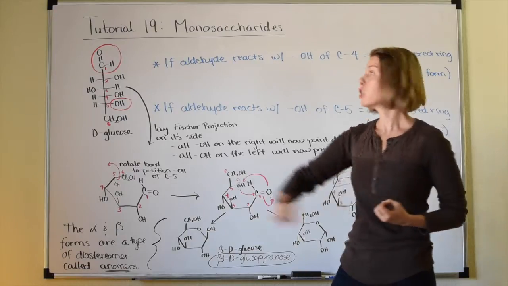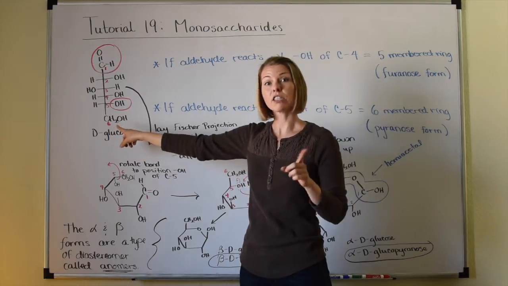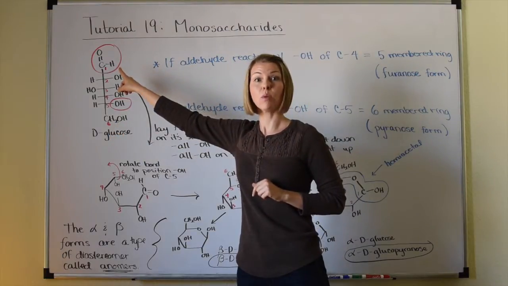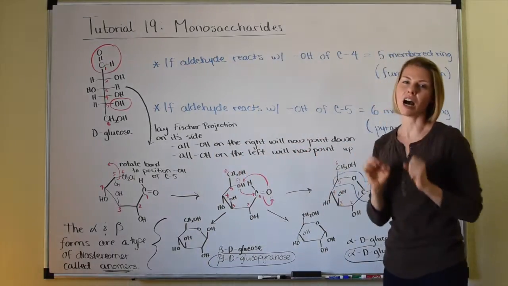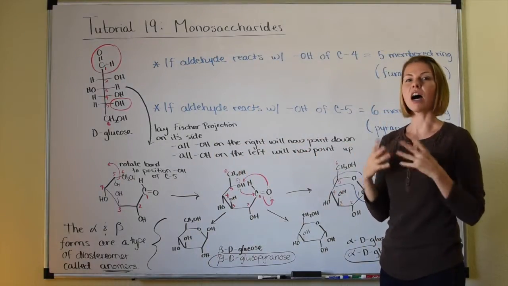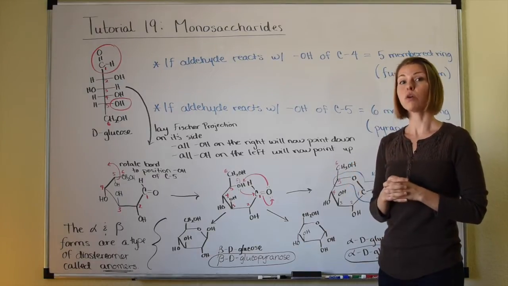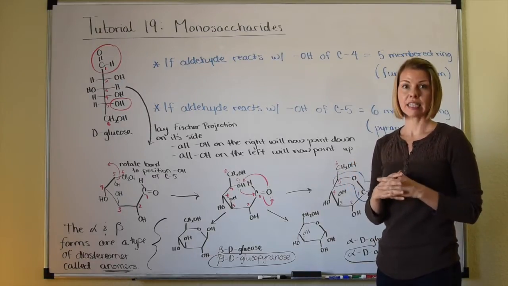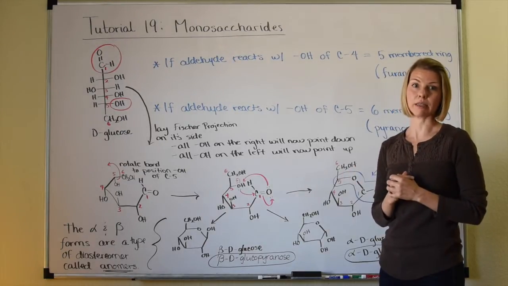And in solution, you do have some of this straight chain form, which means you have an aldehyde, which can be oxidized. So it's really important to understand that chemistry and understand how these monosaccharides really exist in an aqueous solution, which again is how they exist in a living organism.